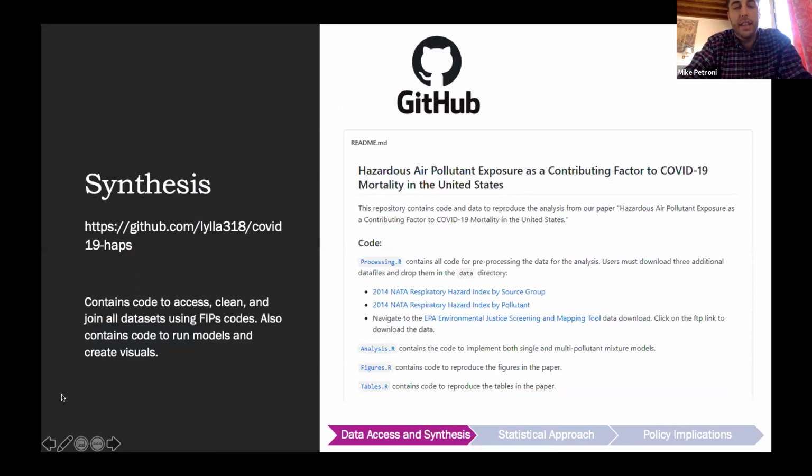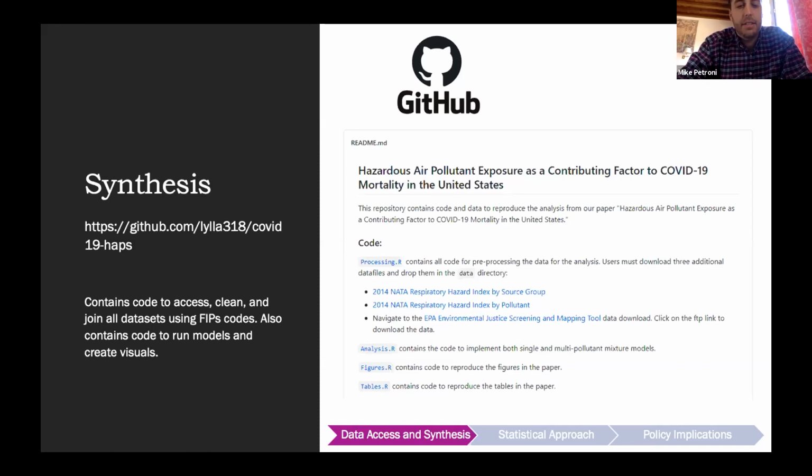We're really excited that we were able to include all of the code for performing this analysis on GitHub, and we did everything in an open source program called R, and anyone can go up there and recreate this analysis from accessing the data online.